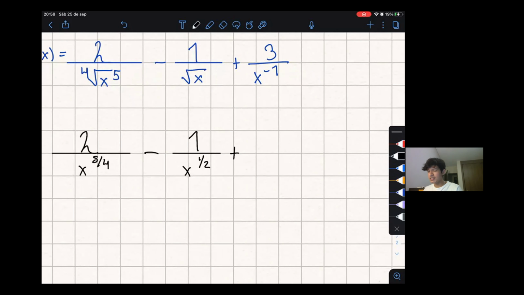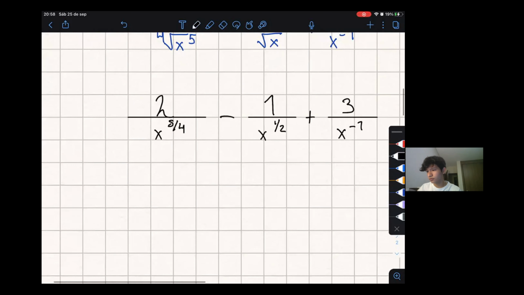We don't touch that yet because it is not a root. Once this is done, we need to convert the fractions to integers. So we convert the positive exponents to negative to put them as numerators.